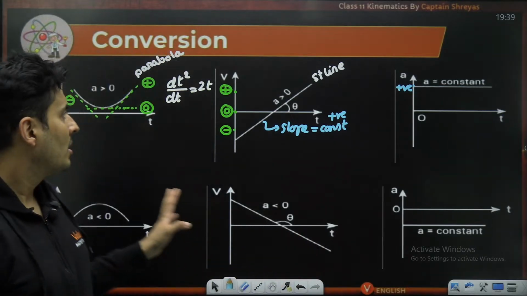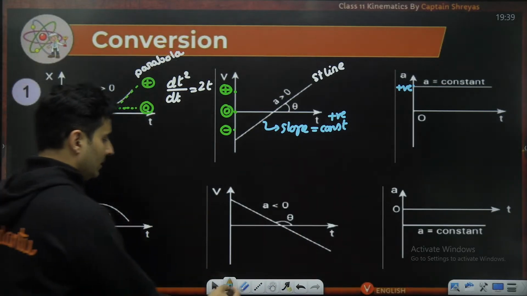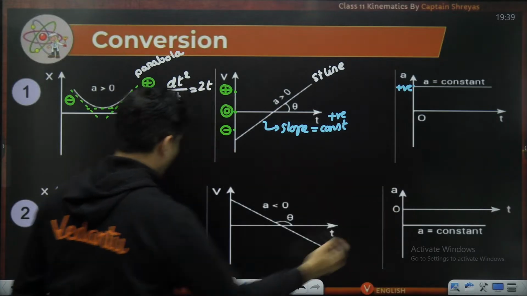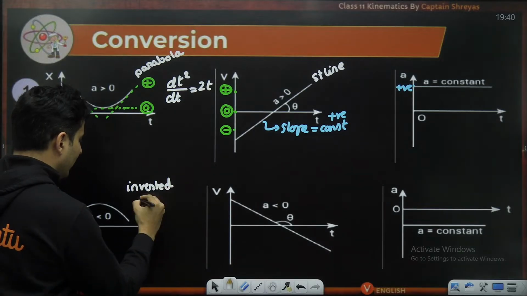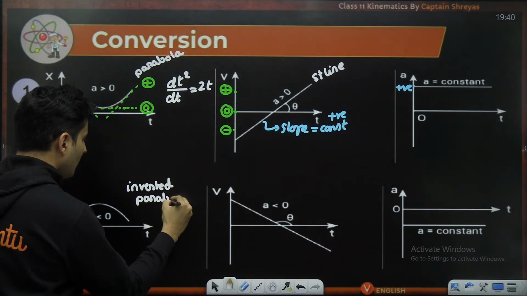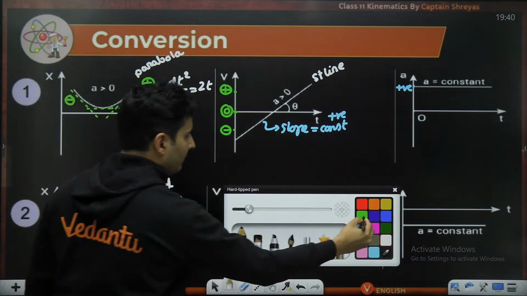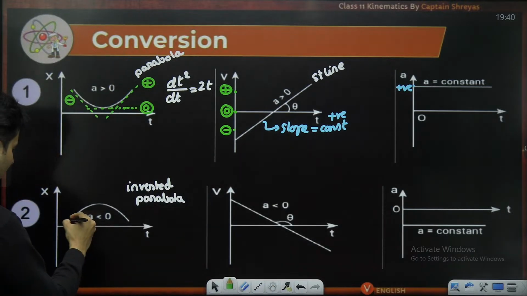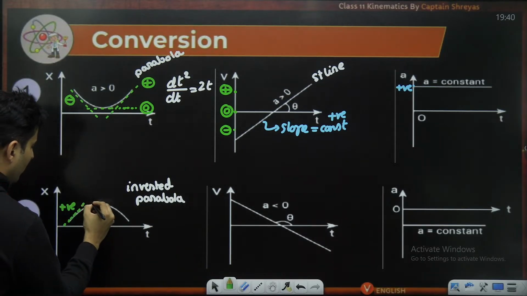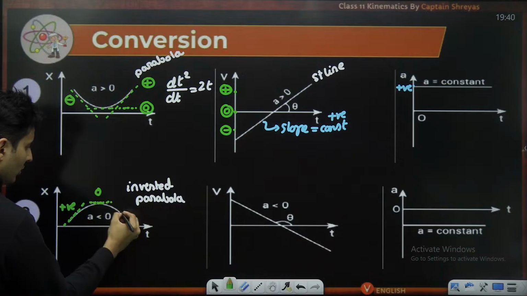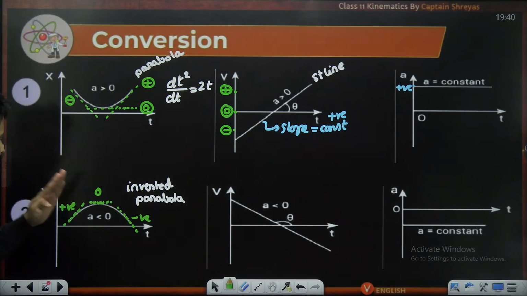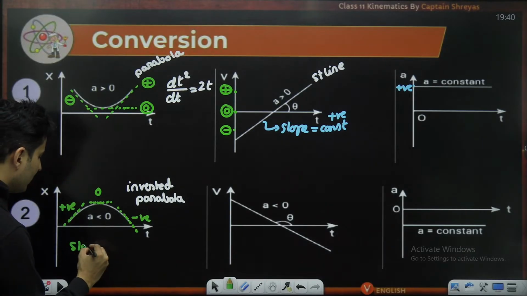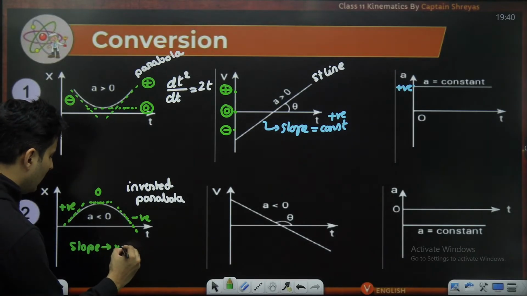Understood? Now look at this graph. This is also a parabola, but it is an inverted parabola. So because of that, what will happen? Initially, your graph was going up, so there will be a positive slope if you draw a tangent. Then if you draw a tangent over here, it will be 0 slope. And if you draw a tangent here, it is going down, so negative. So the slope over here gives me velocity.